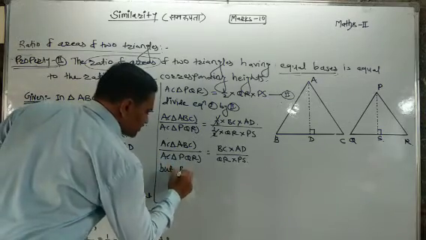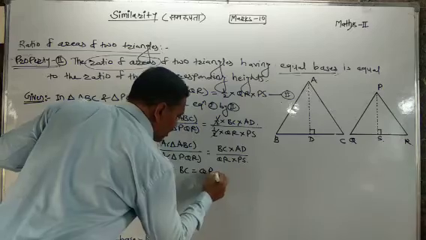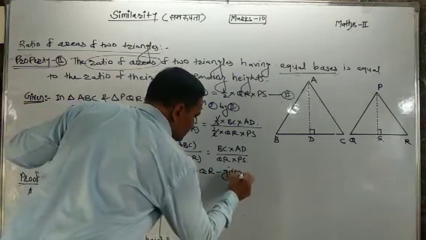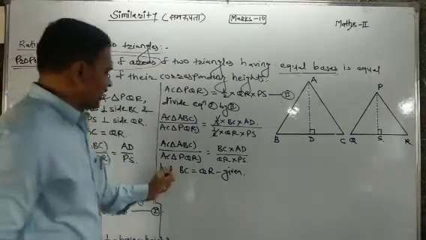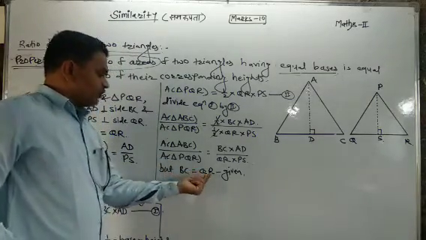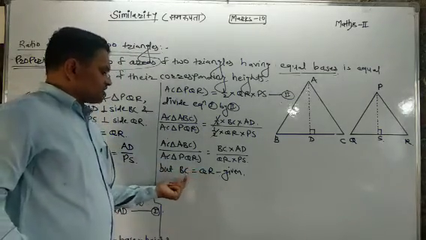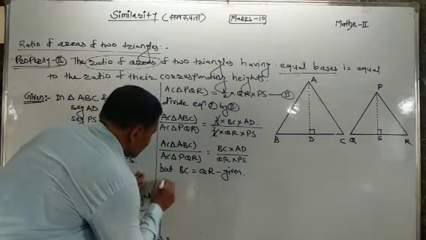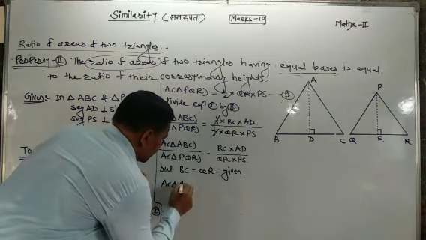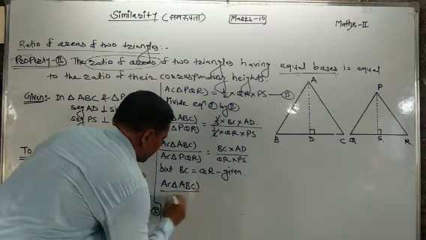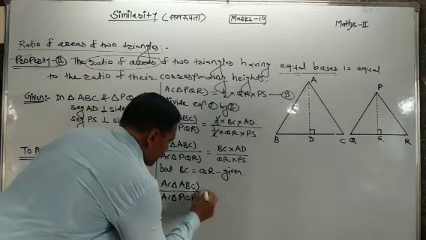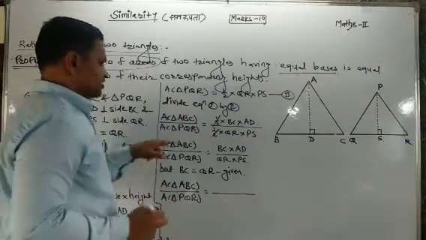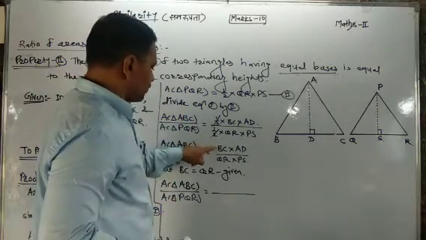But BC equal to QR. This is given here. Then substitute the value of BC, substitute the value of QR. Instead of this BC, we get area of triangle ABC divided by area of triangle PQR equal to, instead of this BC, I am going to write here QR.